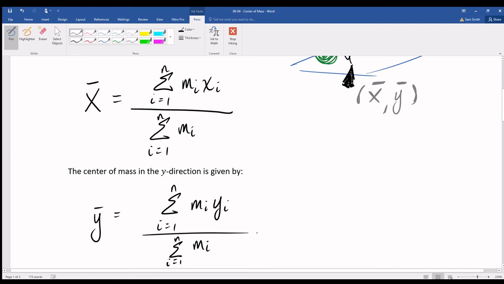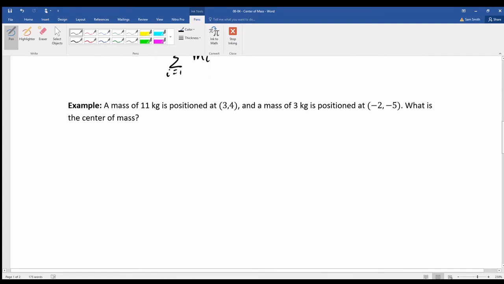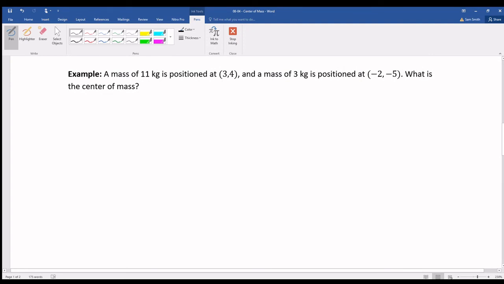Let's apply that to a simple example down below. We have a mass of 11 kilograms positioned at 3, 4, and a mass of 3 kilograms positioned at -2, -5. So what would the center of mass be in the very simple case of just these two objects? To find x bar, all I would have to do is take the mass of the first object, 11, and multiply it by the x of the first object, 3.